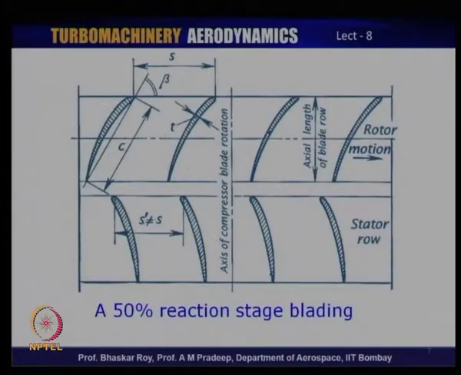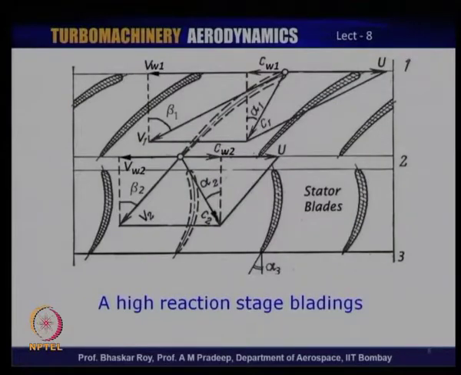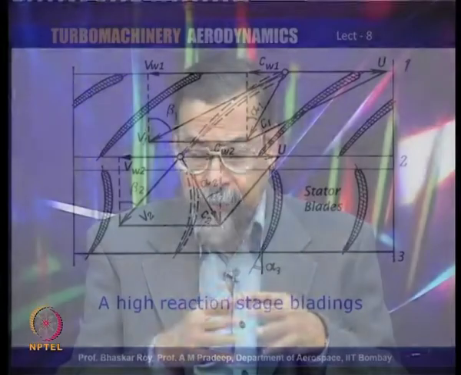The next preferred choice is high reaction blading, which could be pretty close to 100% reaction blading, which has been a preferred choice of designers in some parts of the world, notably in Germany, where people have been designing 100% reaction blades for many years. In fact, right from the beginning, some people prefer to design blades with 100% reaction.